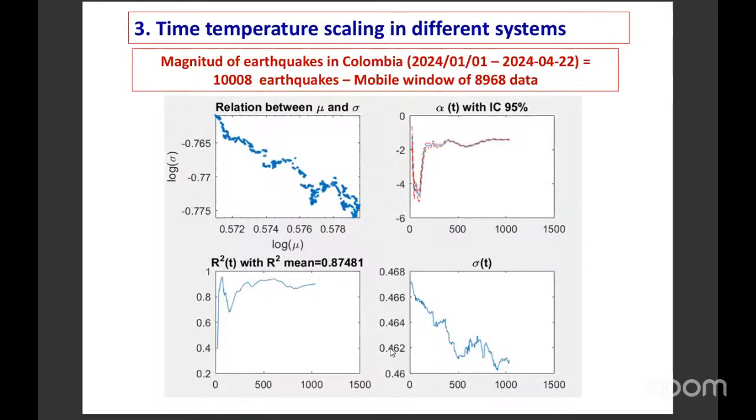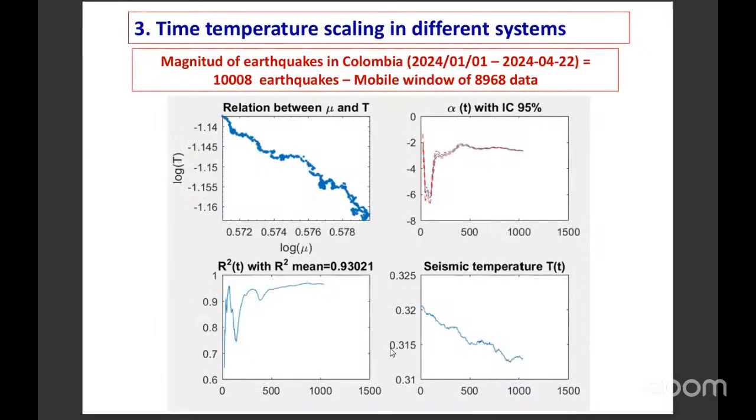For instance, here is the case of the magnitude of earthquakes in Colombia in this period. This is the case of time fluctuation scaling, this is the R squared mean, and it's better in the case of time temperature scaling.